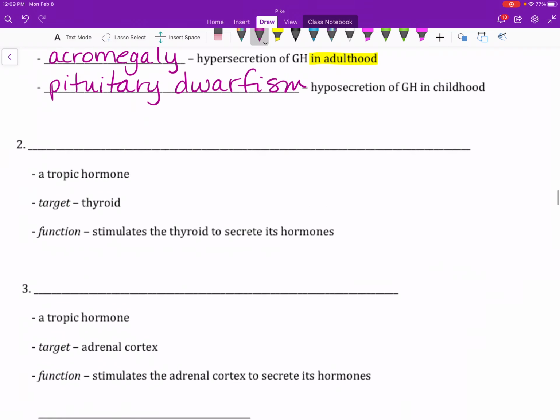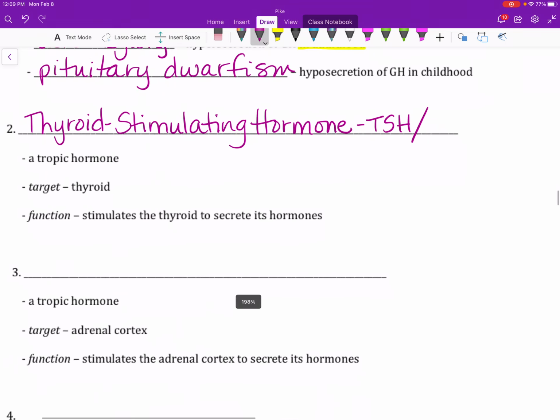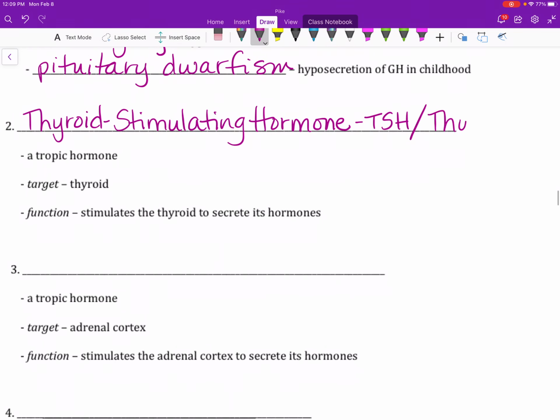The second hormone secreted by the anterior pituitary is called the thyroid stimulating hormone, or TSH, but another name for it is thyrotropin, thyrotropic.